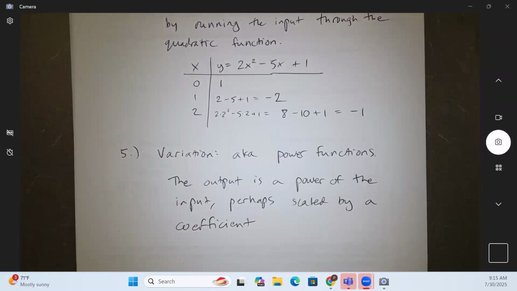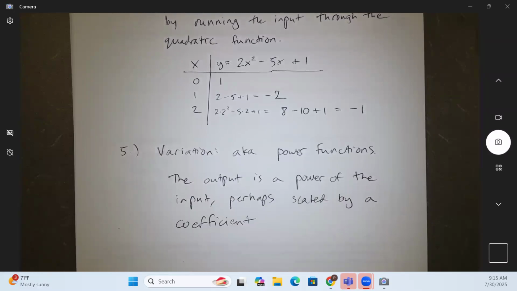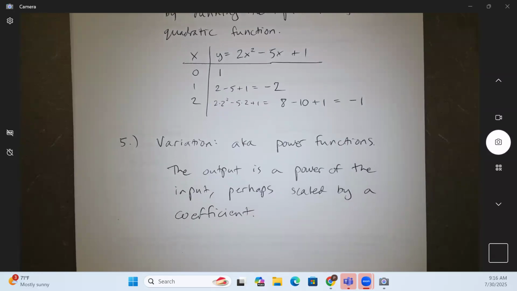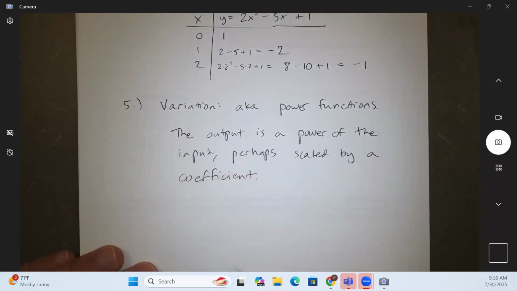So that's what this chapter is about. The output is a power of the input and is perhaps scaled by a coefficient. So we're going to talk about three subtypes of variation. But first, let me show you an example.